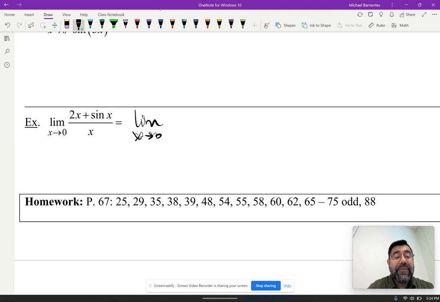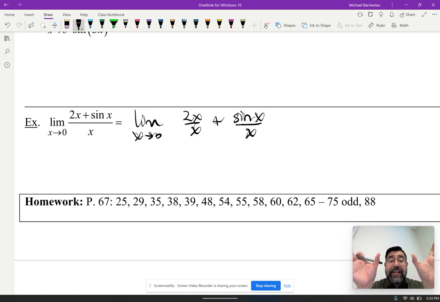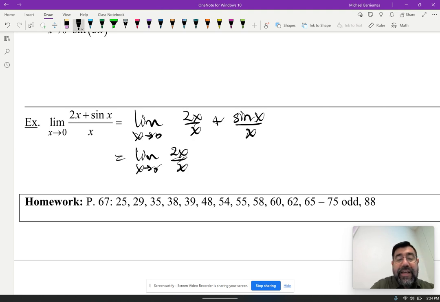So I can say we're taking the limit as x approaches 0 of 2x over x plus sine x over x. Because I'm dividing everything by the same thing, the x in the denominator, I can take the first thing divided by x, take the second thing divided by x, and then add them together. Oh, but the property of limits says I can take the limit of this and take the limit of the second part, and then add those together.